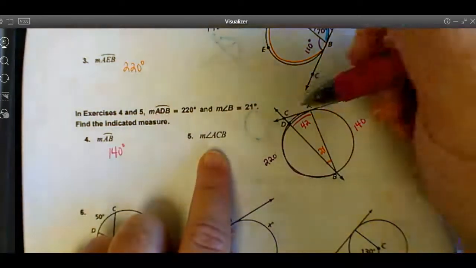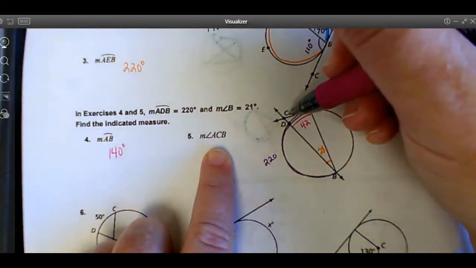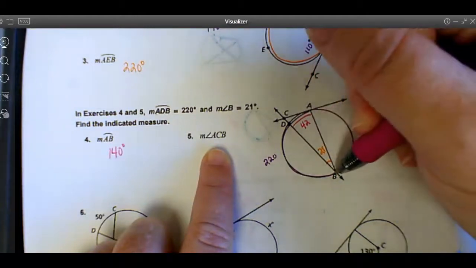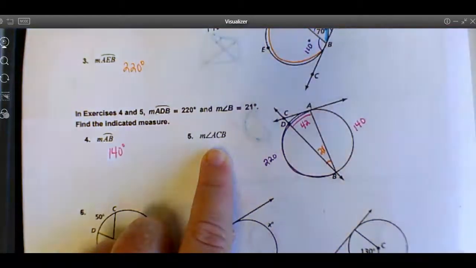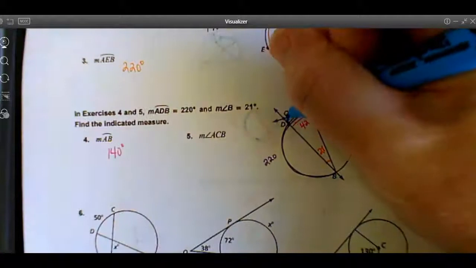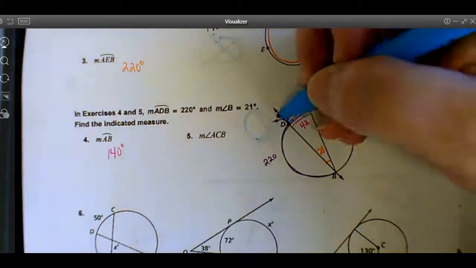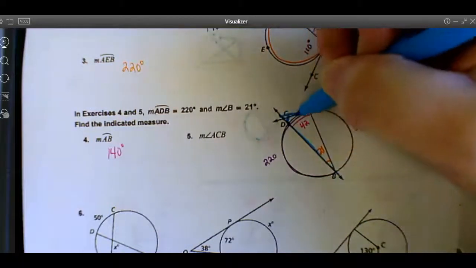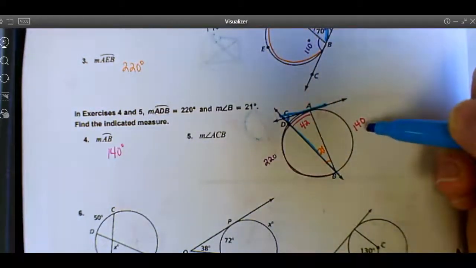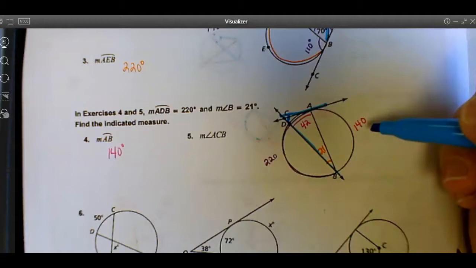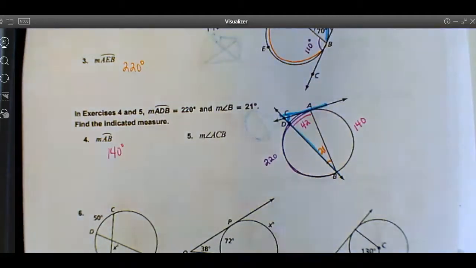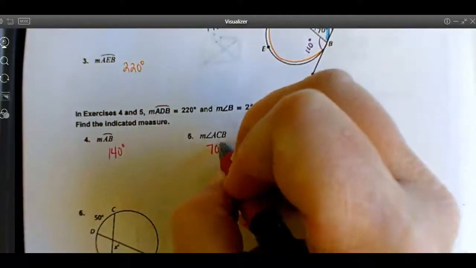Okay, then it tells me to find angle ACB. So here they're asking me to find this angle right here. And that angle is connected to this arc, the 140 arc. So it's half of that arc. And you get 70.